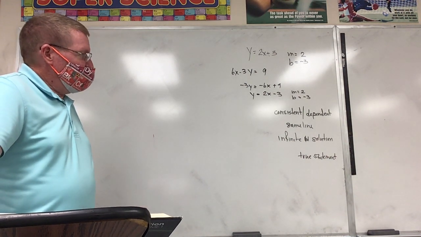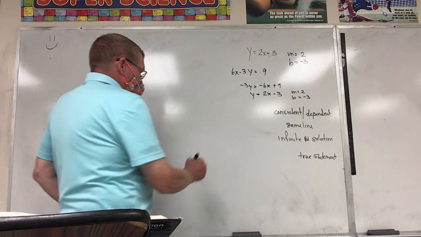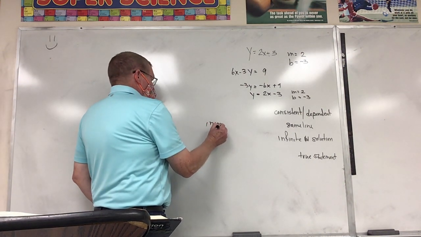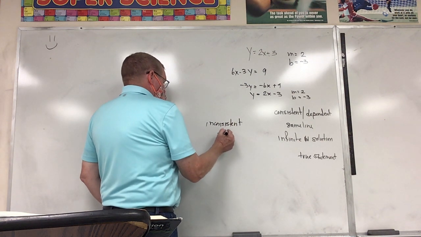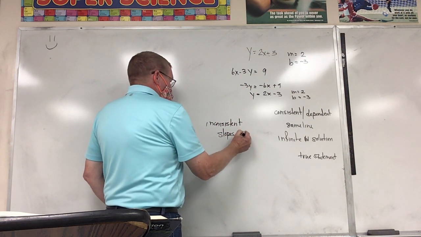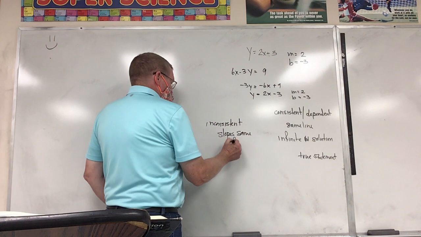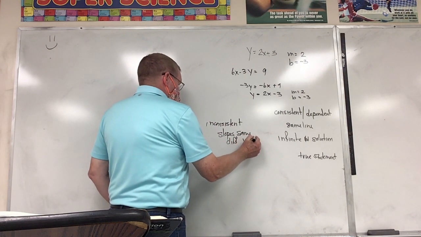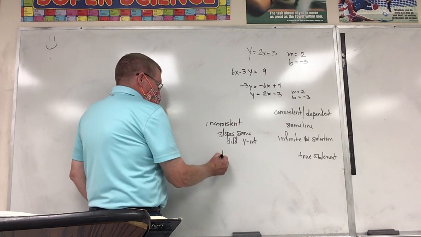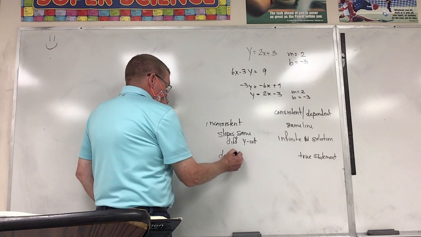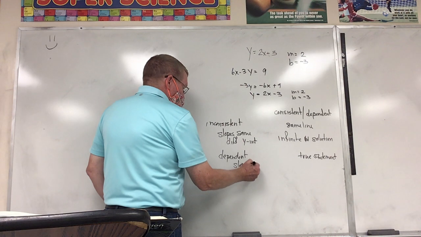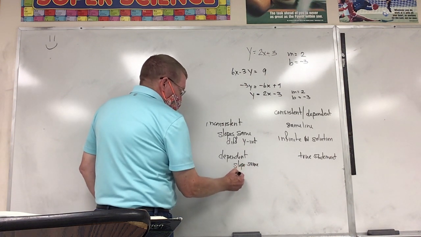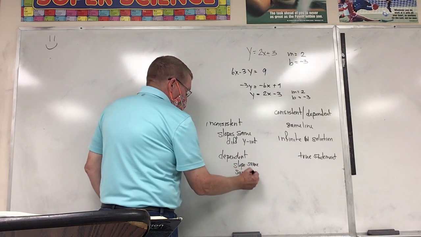If it's inconsistent, the slope is the same with a different y-intercept. A dependent system has the same slope and the same y-intercept.